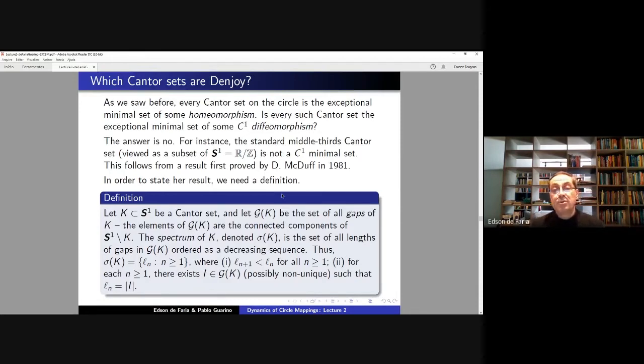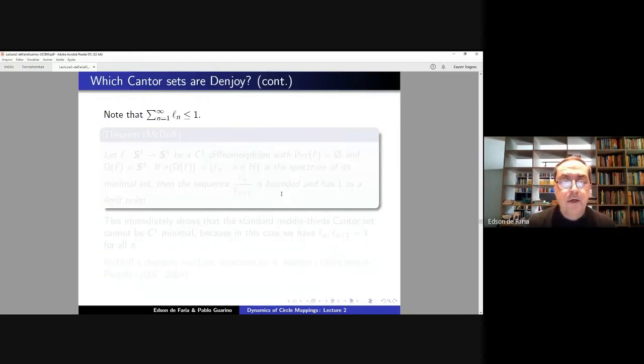Since this is a countable collection of intervals, there will be a countable collection of lengths, and you organize them in descending order. So that's the spectrum, denoted sigma of K. It's a collection of lengths of intervals, organized in strictly descending order. And of course, because the sum of the lengths of all the intervals on the circle is less than or equal to 1, so are the lengths appearing in the spectrum.